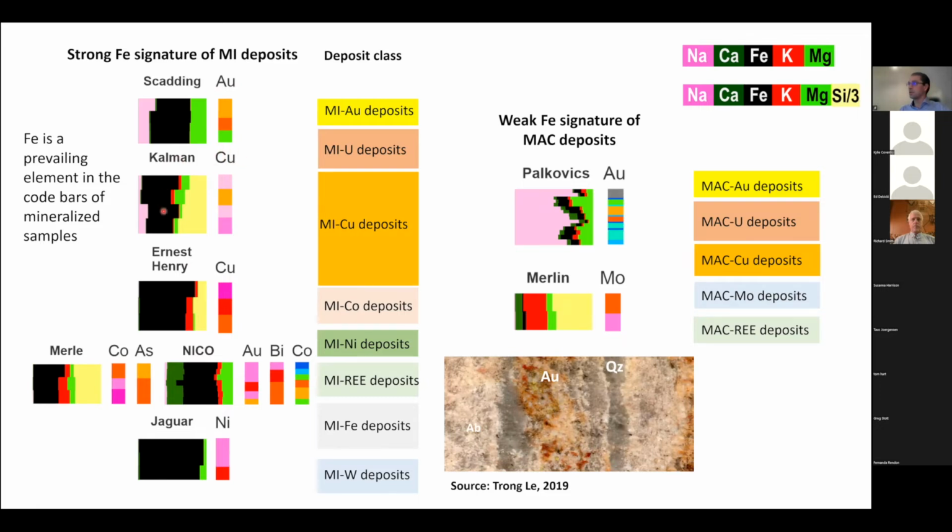In this case, iron is expressed as iron sulfides, and then Scadding for gold. Here, iron is expressed as iron silicates.